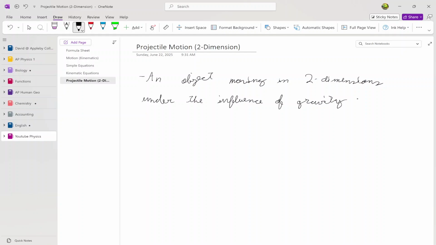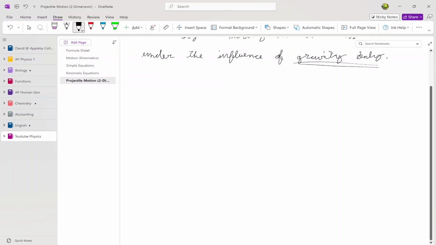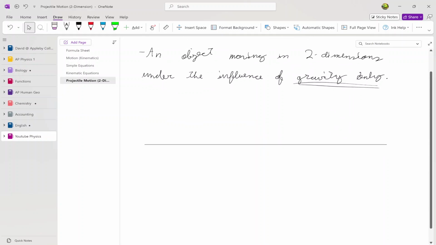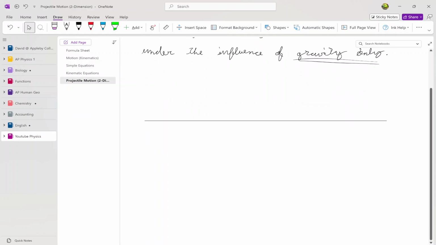I feel like I should highlight that part. So it's just an object under the influence of gravity only. That means it cannot be under the influence of any other weird forces.